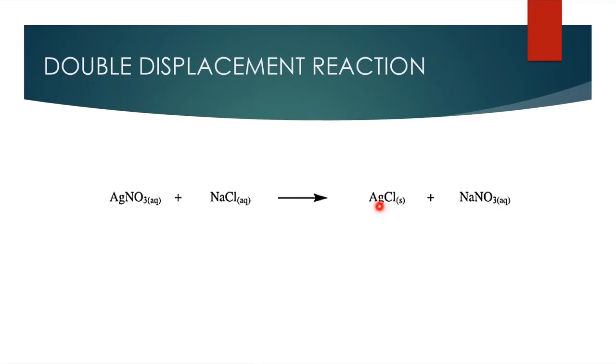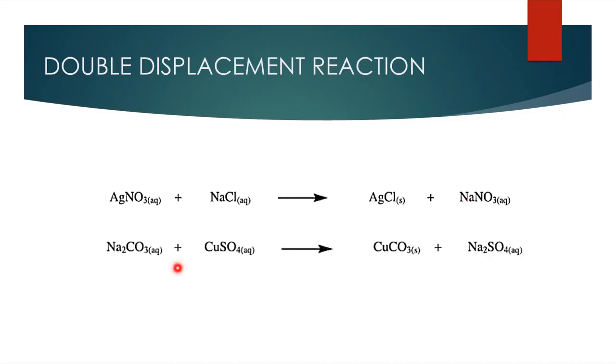Precipitation means it will form solid particles that will settle down in the solution, while the other one is still soluble, that will remain in the solution. In this case, when we take AgNO3 and let it react with NaCl, these two are different salt solutions. We mix them, AgCl is formed, which is solid. It precipitates out, it settles down into the solution as solid particles, and NaNO3 still remains dissolved.